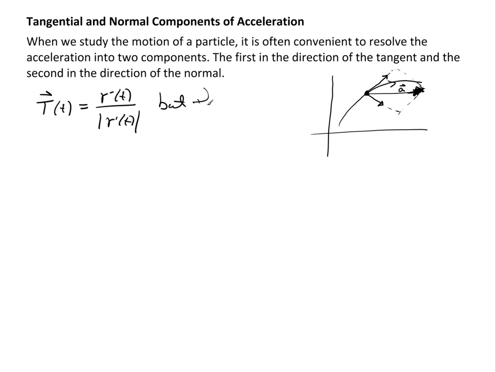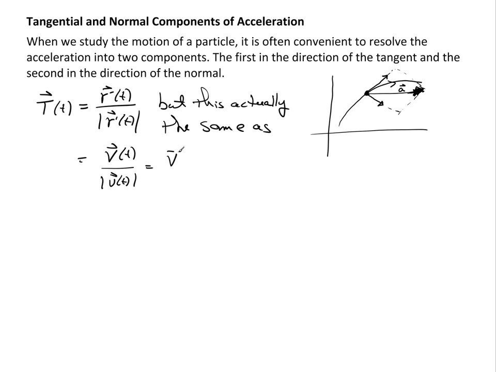But this is actually the same as, remember that the first derivative is velocity, so it's really the velocity vector, and again these are vectors, divided by the magnitude of the velocity vector, which we could write as the velocity vector divided by v.